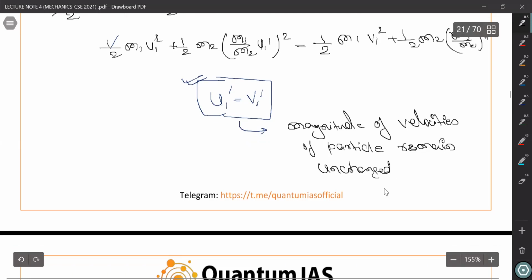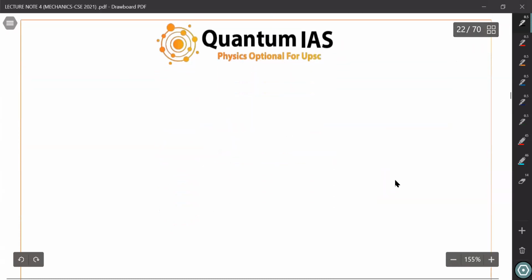So from this, let's try to understand. For example, this is m1 and it is coming with u1, and this is m2, coming with u2. If you see this from the center of mass frame, it will go like this, and it will go like this.